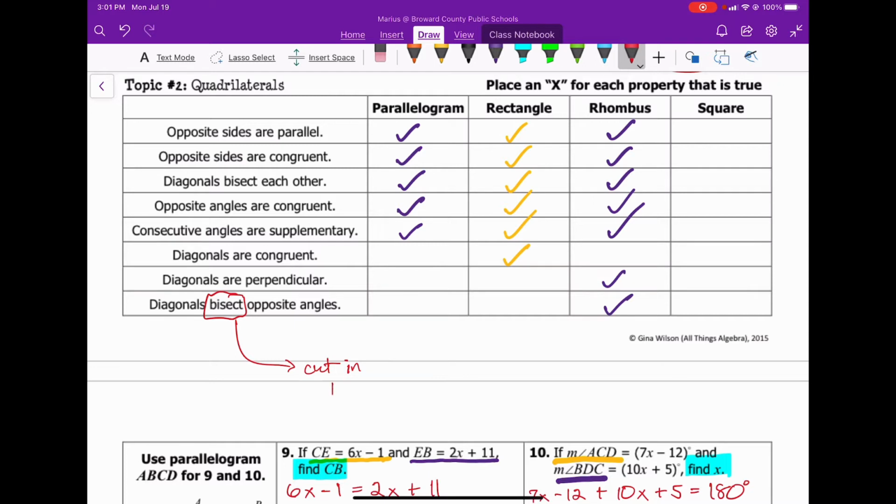So if the whole angle is 80 degrees, then the two resulting angles would be 40 degrees each. Okay, the bisector. And those would be the characteristics of the rhombus.